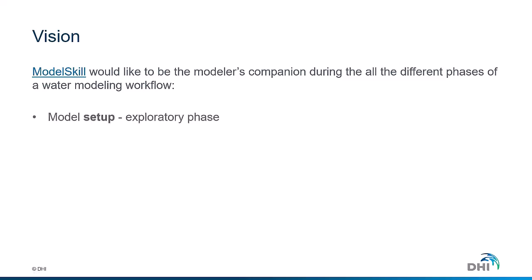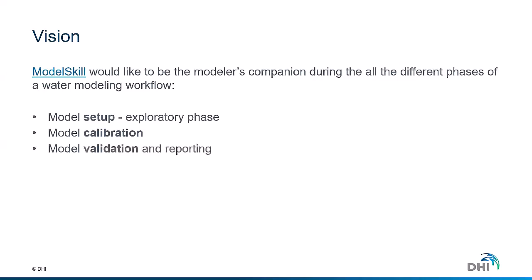So that could be all the way from the setup phase, which is typically an exploratory phase, where you would want some interactive workflow to quickly get a rough idea about your model's performance. Then calibration, which is typically a more structured phase where you tweak and tune a couple of model parameters to get the best performance.